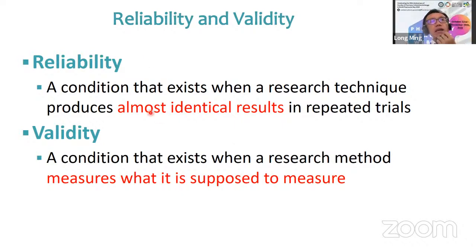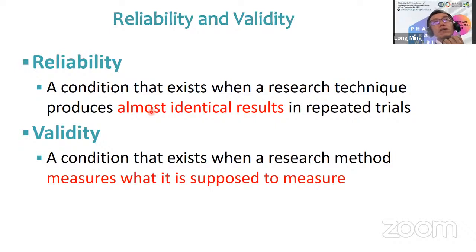Okay, reliability means consistency. If a product is tested in a clinical trial, it shows reliable results when the effectiveness or efficacy are quite similar, the percentages of efficacy, just like what, for example, has been shown in the COVID-19 vaccines.